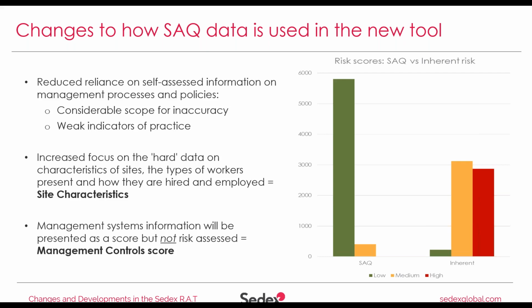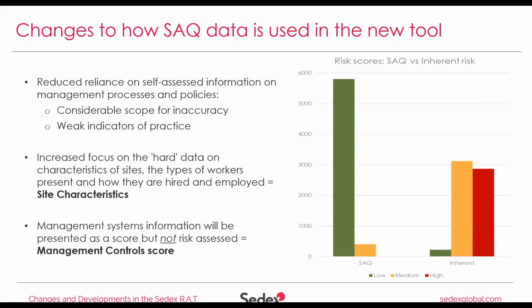The chart on the right really links to this thinking in that it shows risk scores from 6,000 sites on the Sedex system. It's just a sample. But what it shows is that the risk scores from filling out the SAQ show that almost all those sites are at a low risk, with a few medium risk sites and virtually no high risk sites.